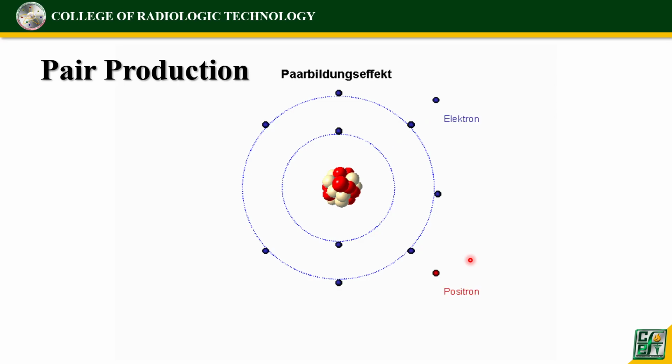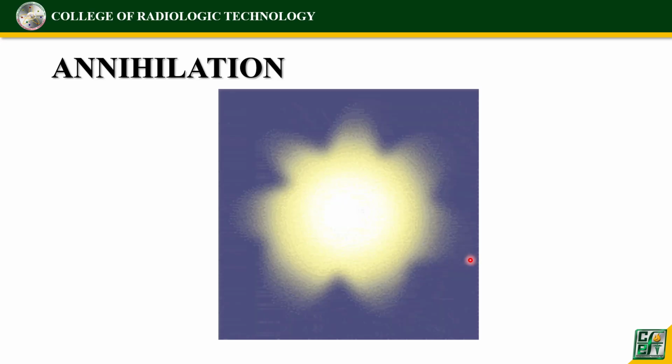So the electron and positron, or negatron and positron. Annihilation. Okay? Ngayon nangyayari, pag sila ay nag-collide, mag-cause ng annihilation, and that annihilation may produce the photons.